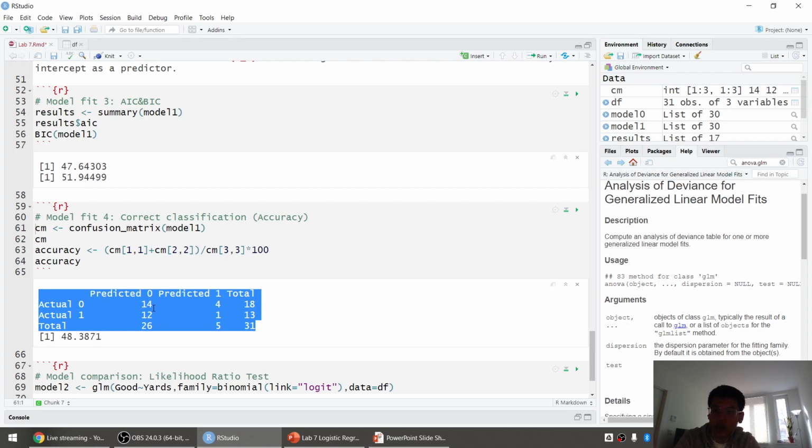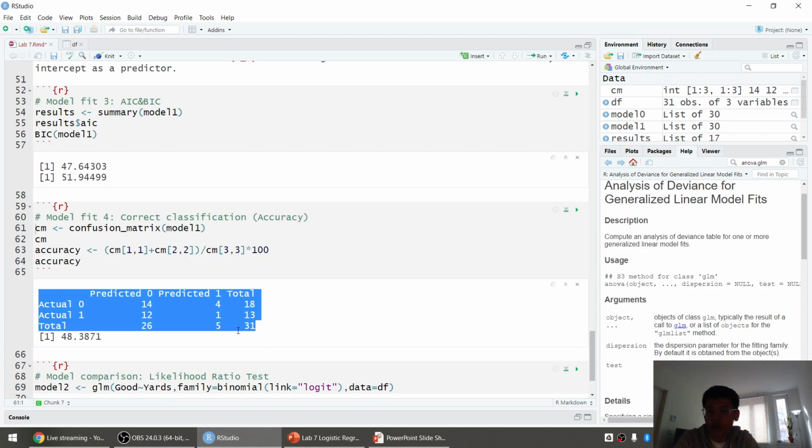You can see here our true positive. Sorry, this is true negative. True negative is 14. True positive is 1. So together we have 15 correct predictions, right? And our total is 31.